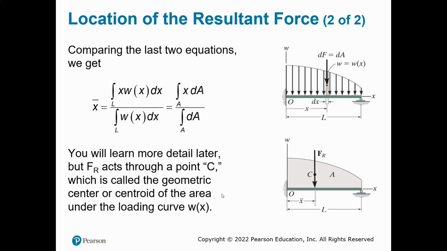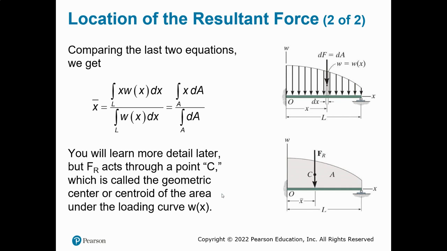Comparing the last two equations and putting them in the numerator and denominator, we get this equation: x bar equals the integral over the area of x dA over the integral over the area of dA.